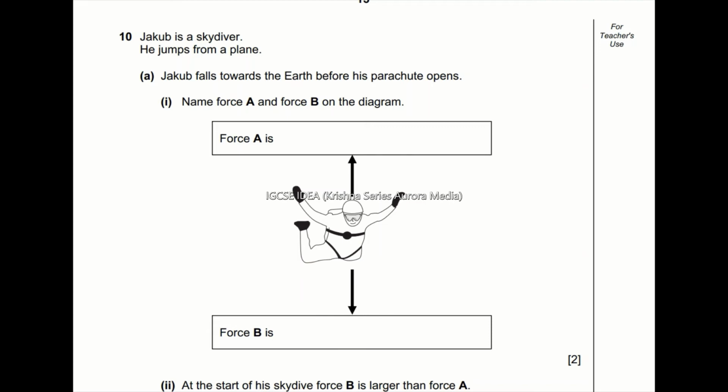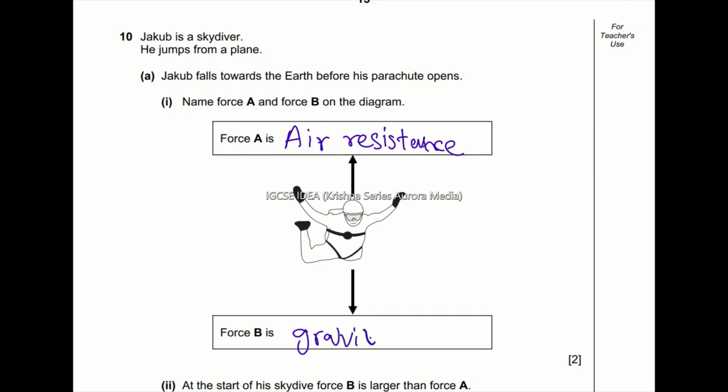A has to be air resistance. And B has to be gravity, as it's pulling him down.